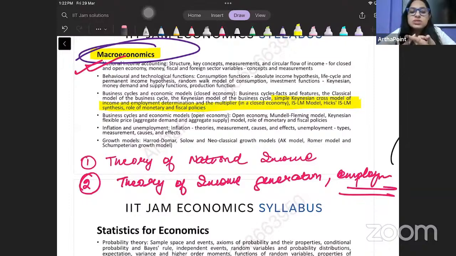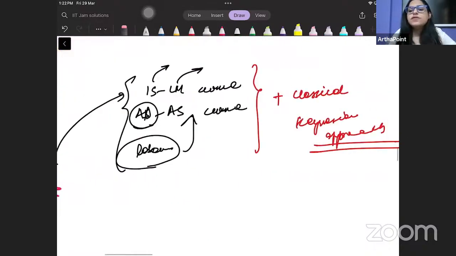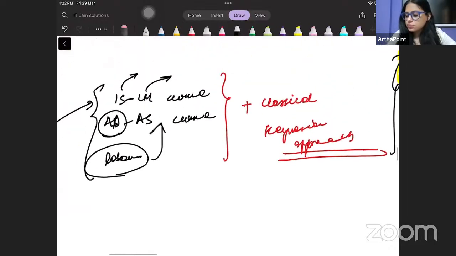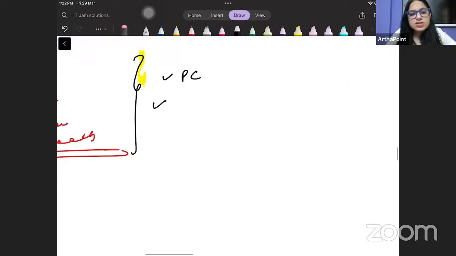Now, once we do this part, we will shift our focus to the most asked questions. We will be talking about the Phillips curve, Okun's law, and the AS curve equation.